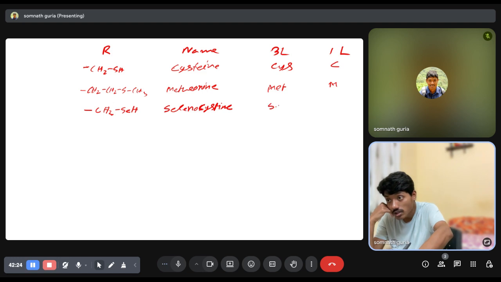Three letter code is SEC, one letter code is U, which should be capital.